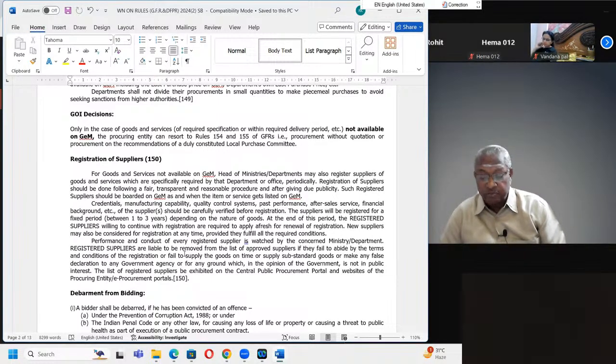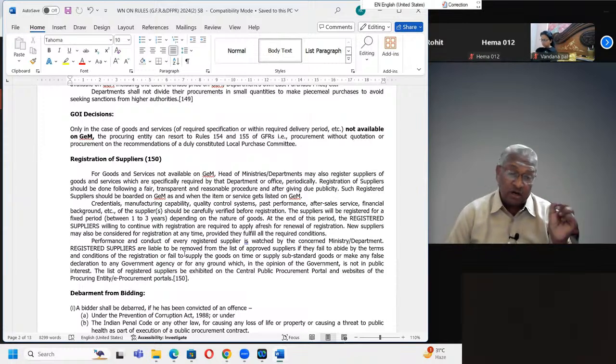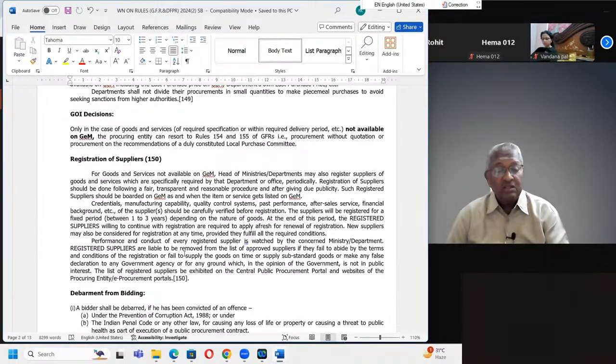Registration of suppliers should be based on credentials, manufacturing capability, quality control systems, past performance, after sales service, financial background, etc. of the suppliers, which should be carefully verified before registration. For the GEM portal, the Ministry of Commerce has the expertise, but for our department, if we are registering, we have to see all these things. These are guidelines.